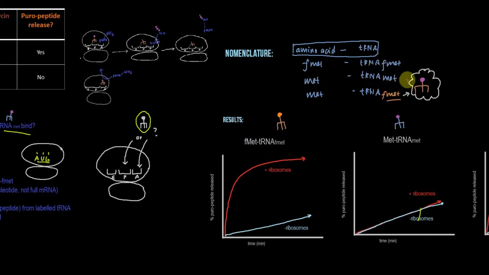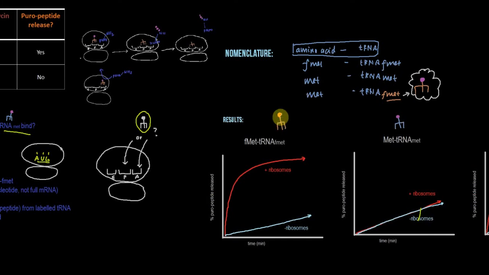Met-tRNAmet means that Met-tRNA is charged with Met. Okay, here is the critical thing. If you have Met-tRNAfmet, you have the fMet-tRNA, but it's charged with methionine. It's charged not with fMet like it normally does, but with Met. So it's like we're taking off the fMet amino acid from tRNAfmet and replacing it with just Met. And that is reflected in the nomenclature here.